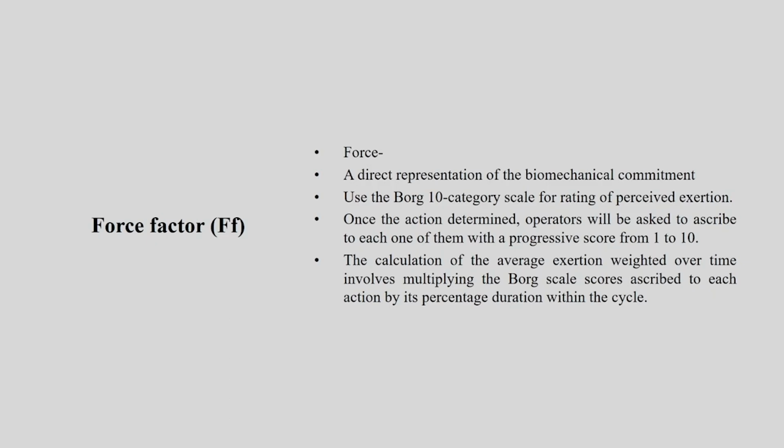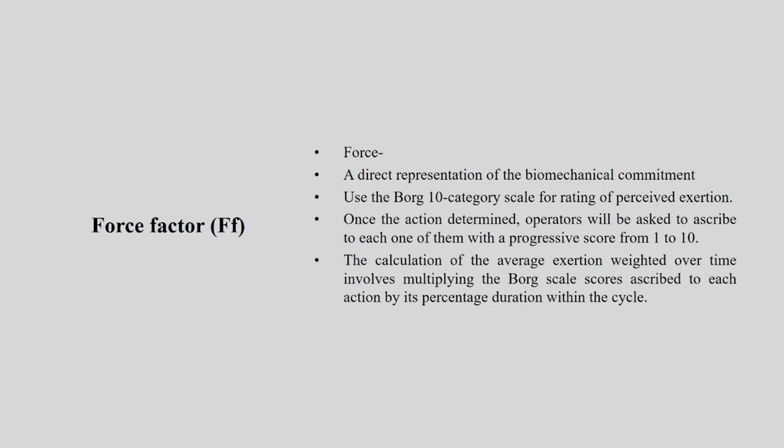Once the actions are determined, operators will be asked to describe each one of them with a progressive score from 1 to 10. The calculation of the average exertion weighted over time involves multiplying the Borg scale score ascribed to each action by its percentage duration within the cycle.